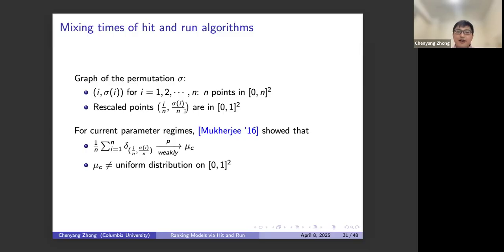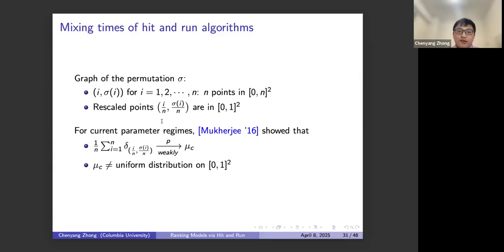So we divide each i, sigma i by n. This would lead to n points in the unit square, 0, 1 squared. And as we increase the size of n, it would just correspond to more and more points in the unit square. And it is natural to ask how can we describe the distribution, specifically the empirical distribution, of those n points in the unit square.